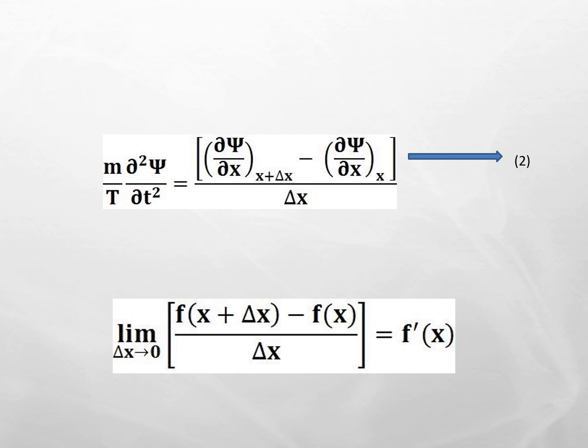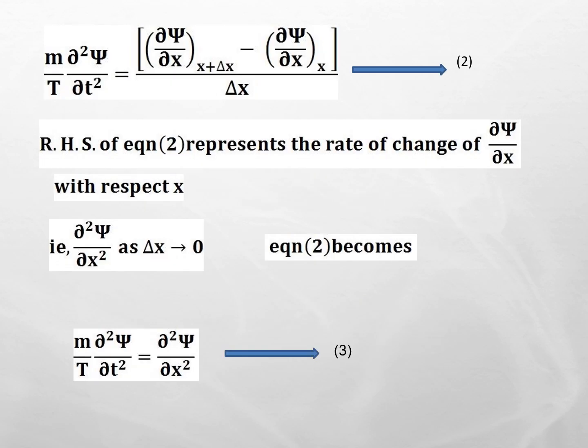That is, instead of f dash x, we can write dou square psi by dou x square, and it happens only when delta x tends to 0. So, as delta x tends to 0, the right hand side of equation 2 becomes dou square psi by dou x square. And dou square psi by dou x square represents the rate of change of dou psi by dou x with respect to x.